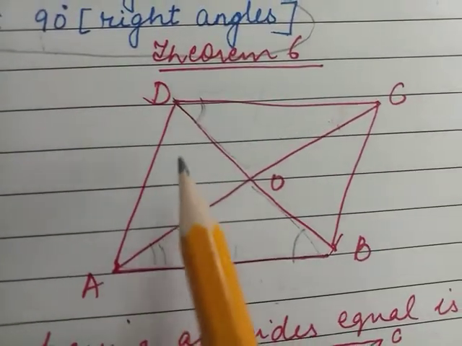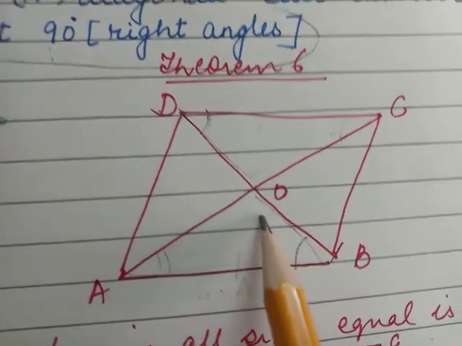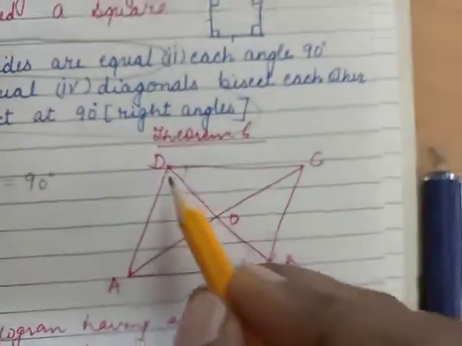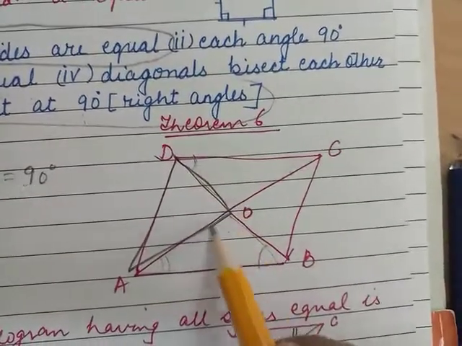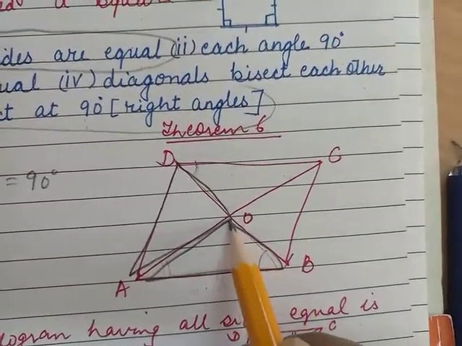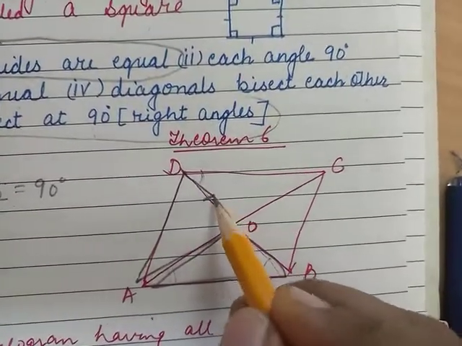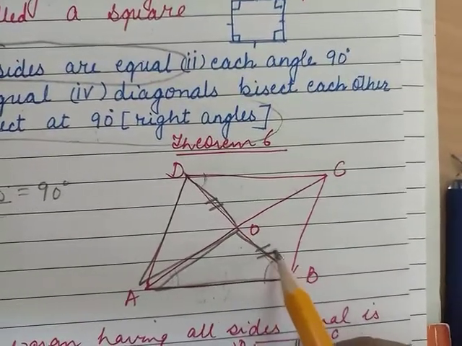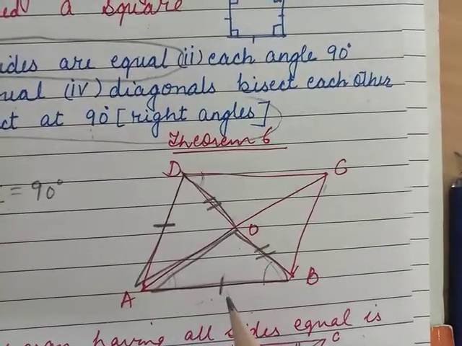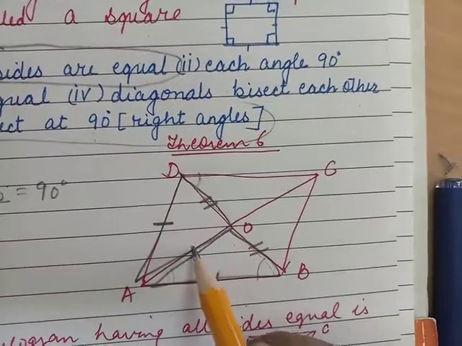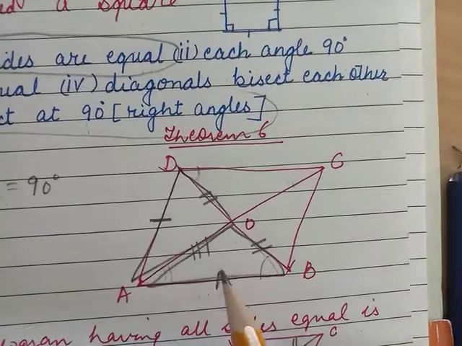Now we will prove that the diagonals bisect each other at 90. For that I'll consider triangles ADO and OAB. We learned just now that OD is equal to OB, AD is equal to AB as the sides of a rhombus are equal, and OA is the common side.